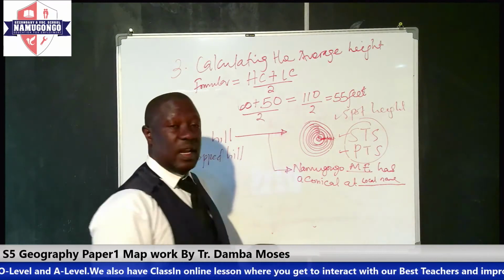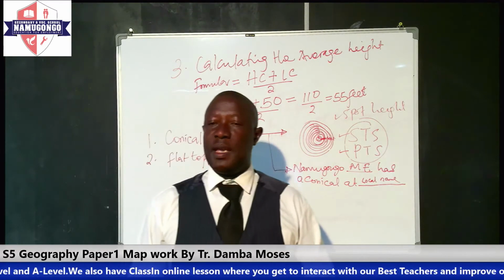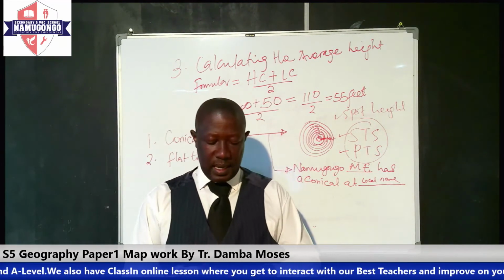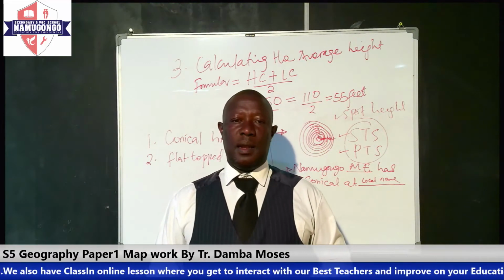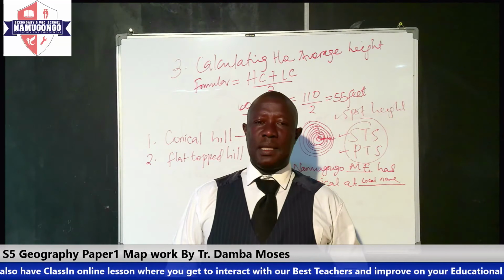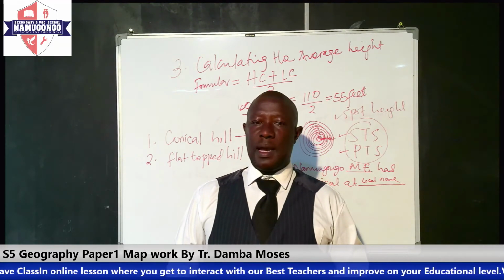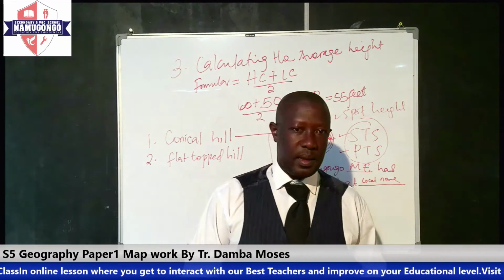So in the area of the local name, you can say Namugongo map extract has a conical hill at Janda. Namugongo map extract has a conical hill at Chira.